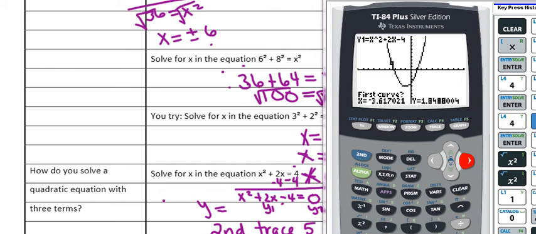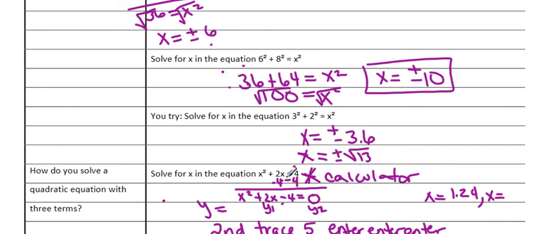Okay, and then press enter 3 times. And you're going to get the intersection is negative 3.23 or negative 3.24. It actually rounded up. So these are your solutions for this quadratic equation.